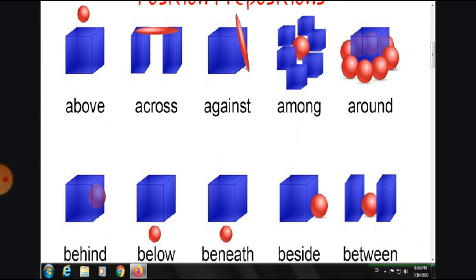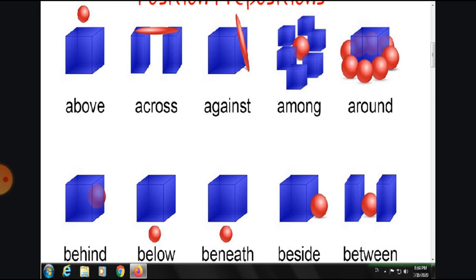So you can say a red ball is below the blue box. Whenever something is lower than other thing, then you can use below as a preposition.